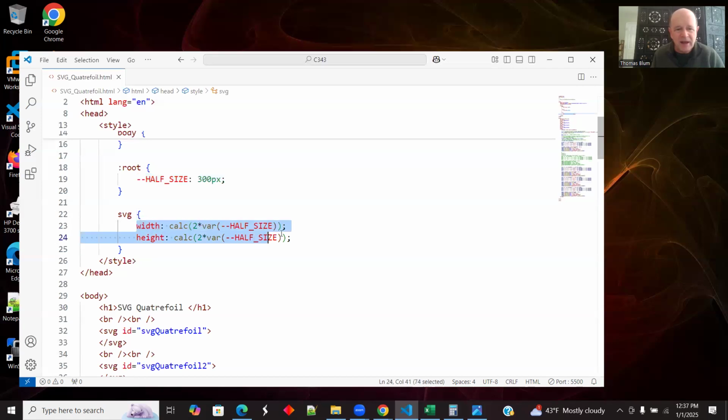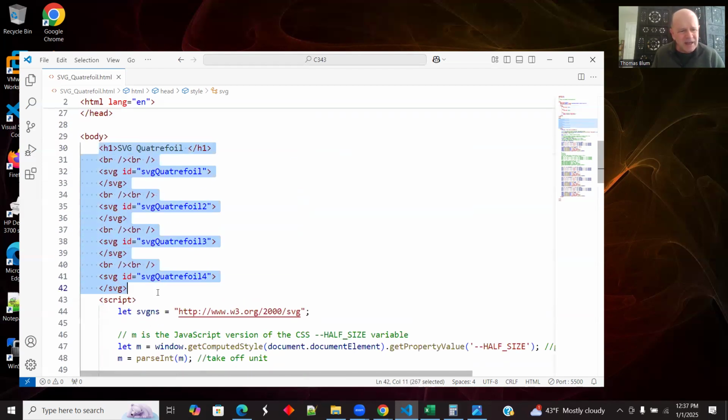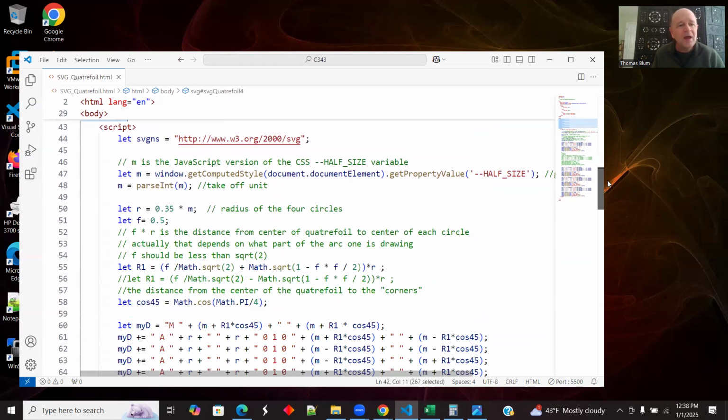I call that half size, and then I make an SVG which is 600 by 600. I make a space in my HTML for 4 pictures. I call them quatrefoils. Only the first 2 will be quatrefoils, and the other 2 will be similar, but not quite the same. But you'll see when the time comes.